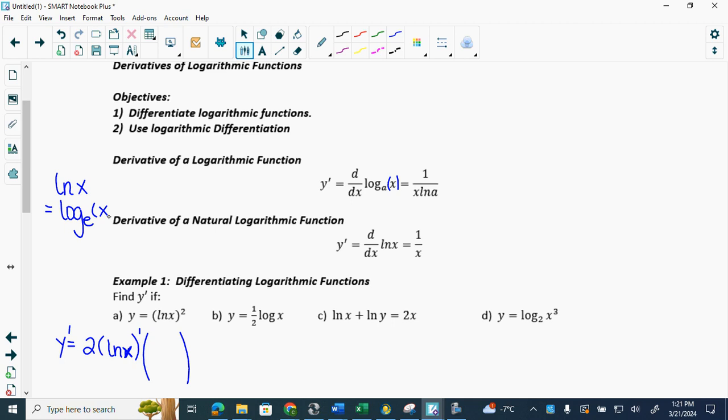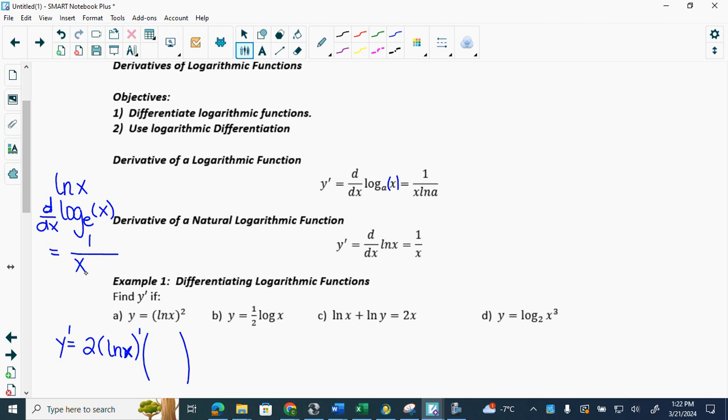We agree? So now I'm really trying to find the derivative of log base e of x. Yes? Everyone paying attention? Whenever I have a log, the way I find the derivative is I do a 1 in the numerator over what's beside the log. What's beside the log? X.